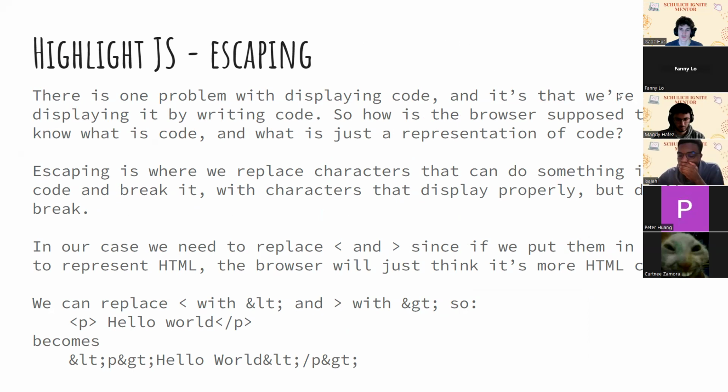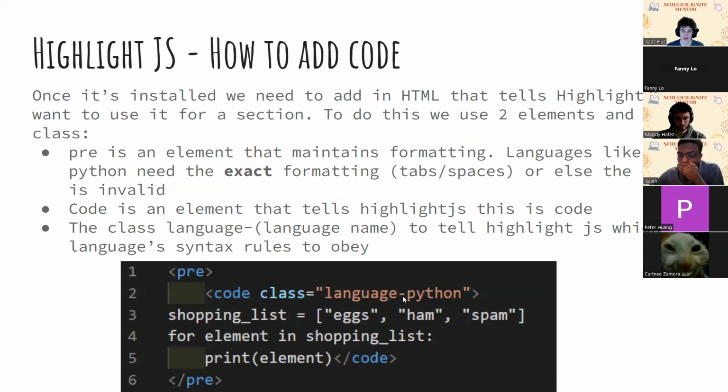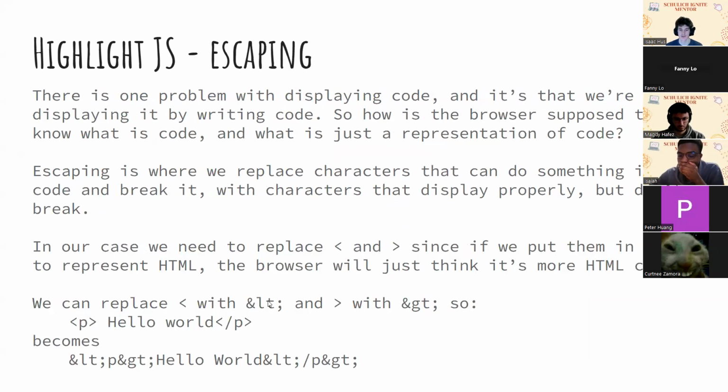So we're explaining about writing code. How is it supposed to know what is code and what is a representation of code? We can use these greater than and less than. If we're trying to show HTML but we don't want it to actually read as HTML, like if we had language-html and then wanted to have a p tag, it will read that as a p tag unless we use this lt and gt.